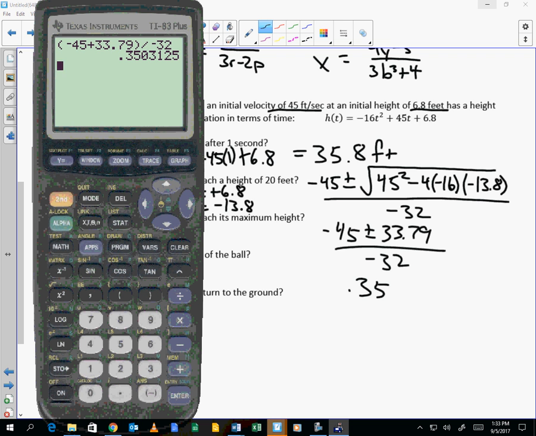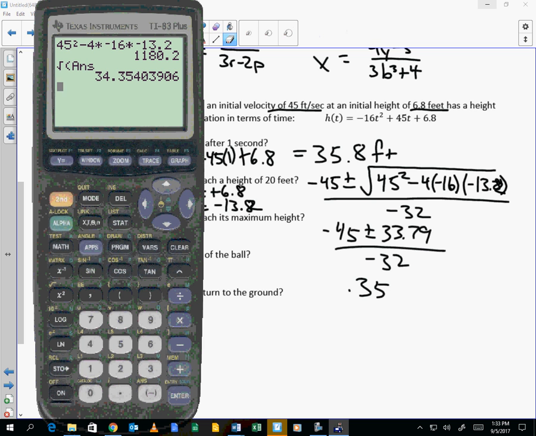Oh, I'm sorry, folks. It's not negative 13.8, is it? It's negative 13.2. Sorry about that. So 45 squared minus 4 times negative 16 times negative 13.2, and square root the answer, and I get 34.35.